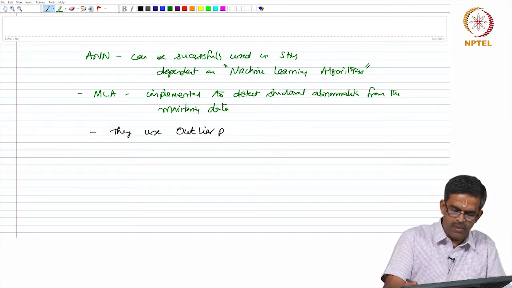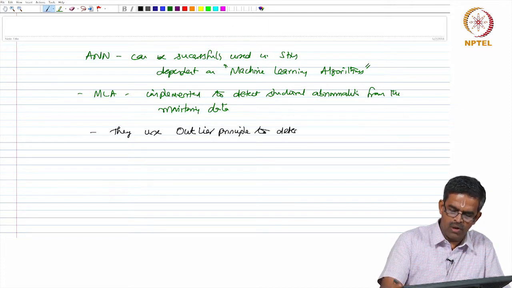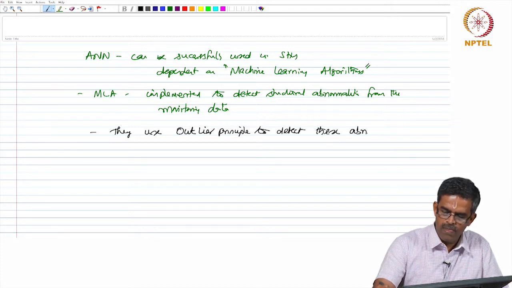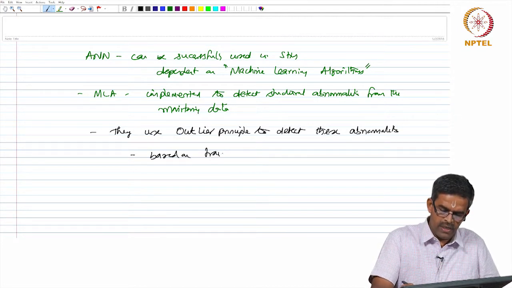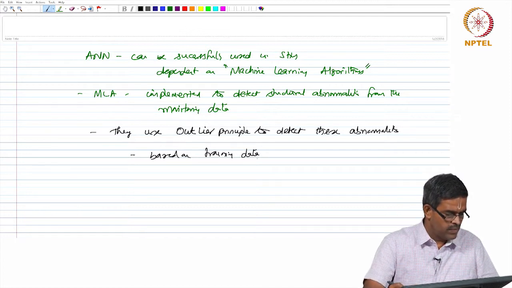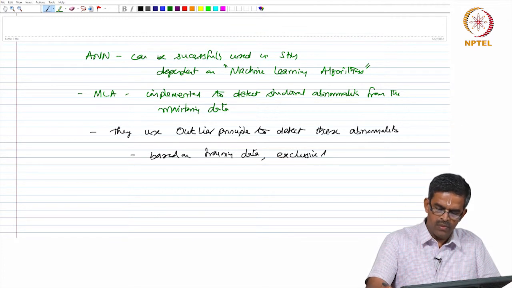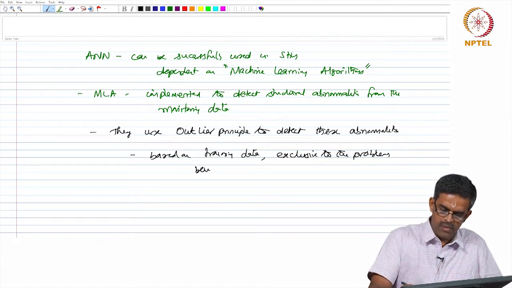An outlier principle is used to detect these abnormalities. It is based on the training data, which is exclusive to the problem being solved.